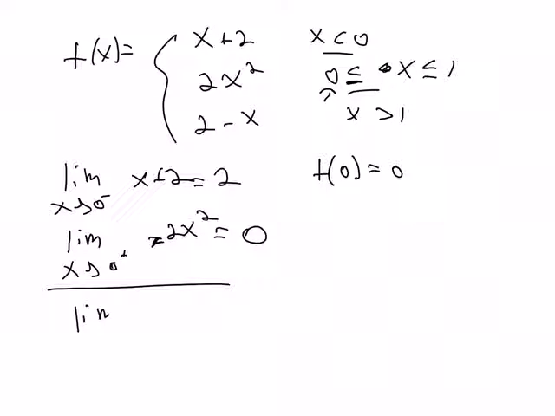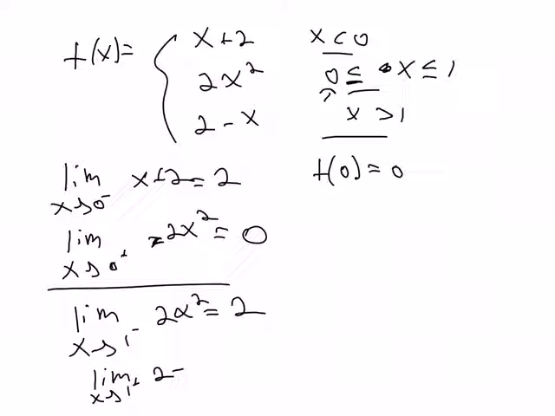Then the limit as x approaches 1 from the left, this is for 2x squared, is going to equal 2. And the limit as x approaches 1 from the right is going to be over here, because now x is greater than 1, so it's going to be 2 minus x, and this is going to be 1, and f of 1 is equal to 2 times 1 squared, which is 2.